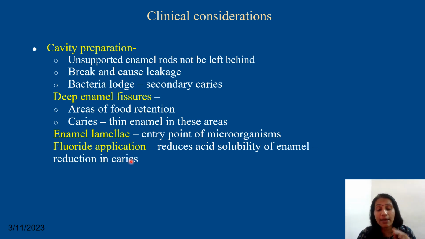It makes the enamel acid resistant. So it produces a crystal, that is fluorhydroxyapatite crystal, which is resistant to acid decay by the microorganism. So it is able to protect the enamel a little bit longer than the normal enamel. So a fluoride containing enamel will add more protection to the enamel.